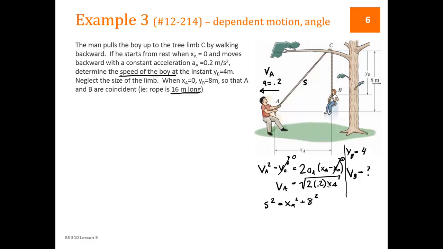And we also know that the total length of the rope is S plus YB, and we're told YB is 4, right here.